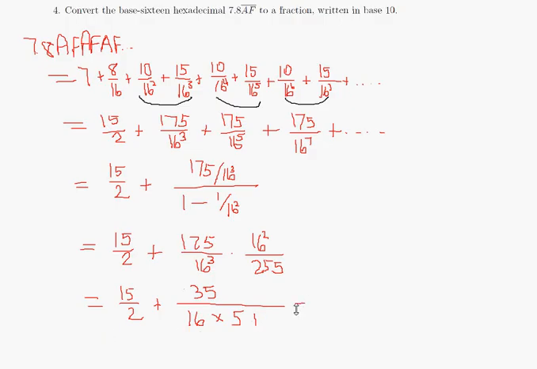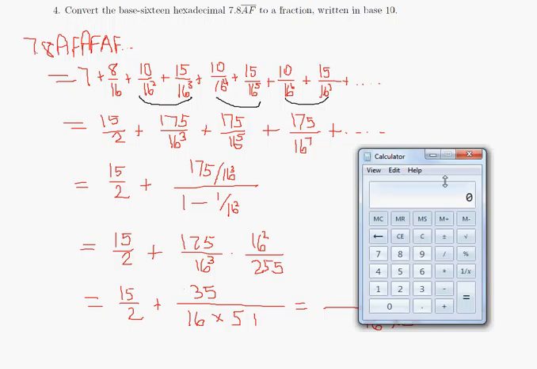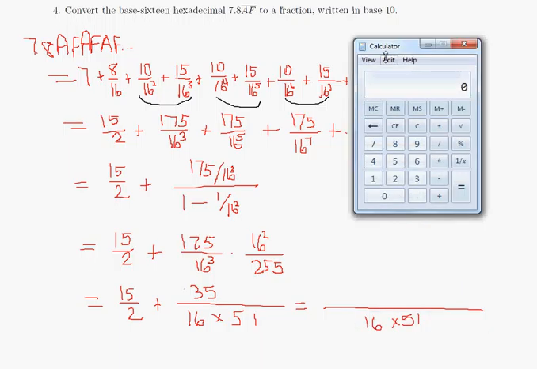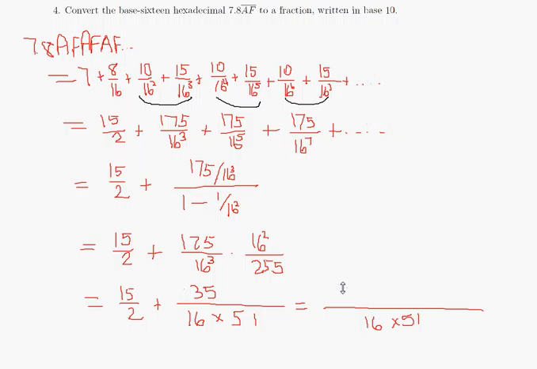Okay, so we're almost done. To get the least common denominator, we have 16 times 51 at the bottom. For the first term, we need to have 15 times 8 times 51 is 6120, plus 35.